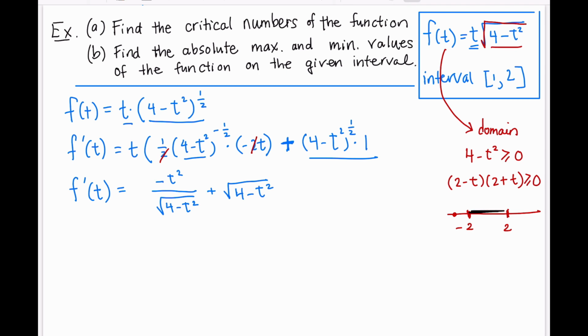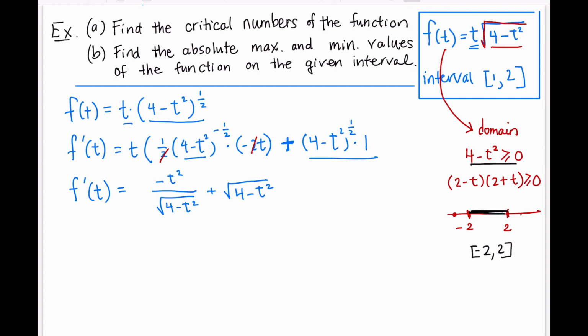And now if I pick a number like 3 over here, I can see that this quantity will be negative and this quantity will be positive. So the product will be negative and the inequality is false there. So that's not going to be part of my domain. So 4 minus t squared is greater than or equal to 0 on the interval [-2, 2].